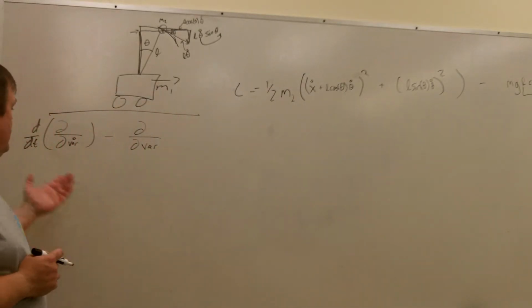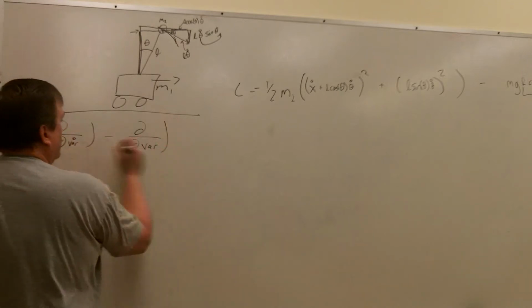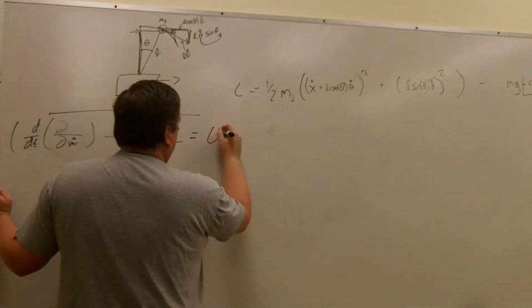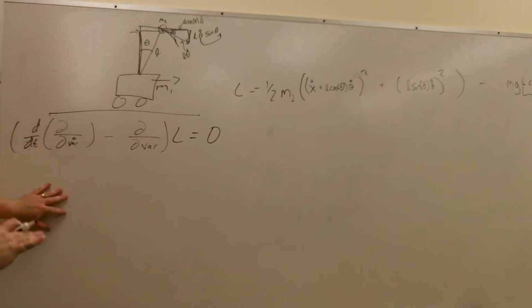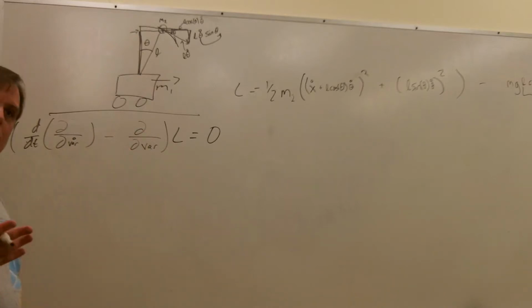So realize it's always true, as long as we've got these nice conservative systems, that this has to be equal to the partial of L with respect to whatever variables I want to take. So if you've got multiple variables in play, you'll just get multiple differential equations.